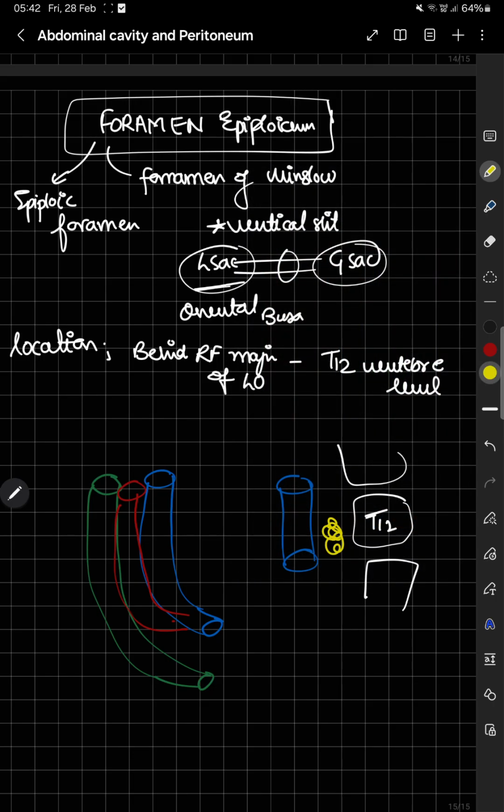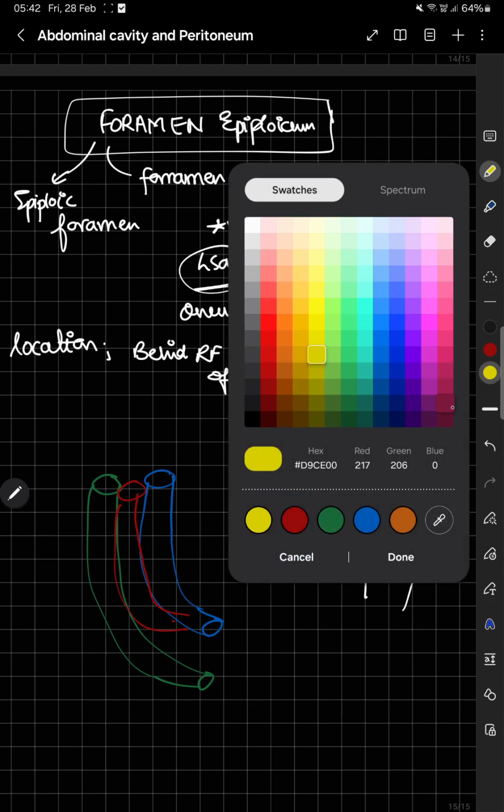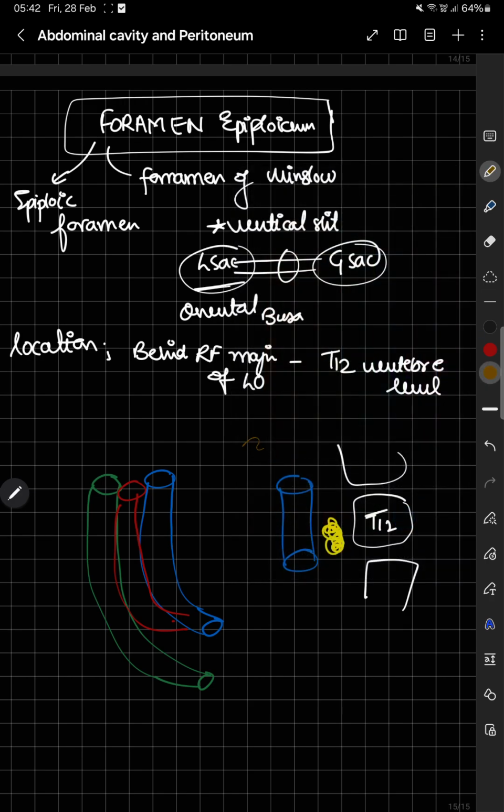Then we have our right suprarenal gland, which is our right adrenal gland. Then we have here our caudate process of the liver. Okay, something like this, which would cover a good amount of area.